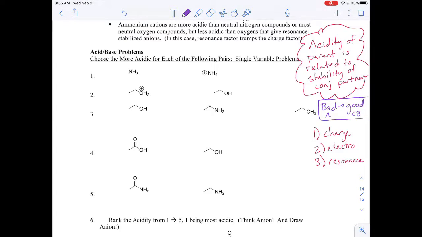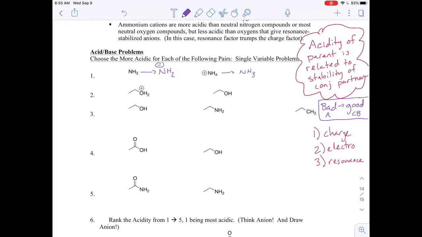So all these are starting out as acids. And if you're told an acid, then the product has to be a base. So that means that you have to lose an H initially because the original acted like an acid. So it would be this, NH2 with a negative, because I lost an H. In this case, it had a plus, it has too many H's. So when it loses an H, it'll be all good.